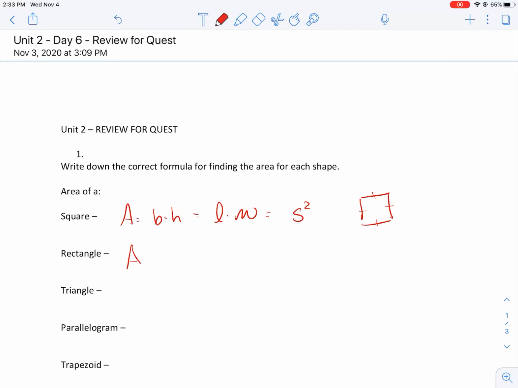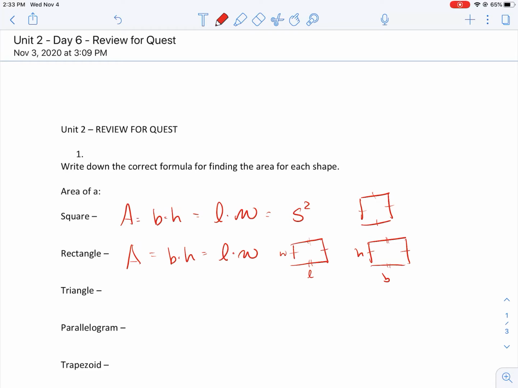Rectangle is base times height, or length times width. Okay, again, a rectangle looks like this. Opposite sides are congruent. Your width is here, length's here, or you can have base times height. All right.